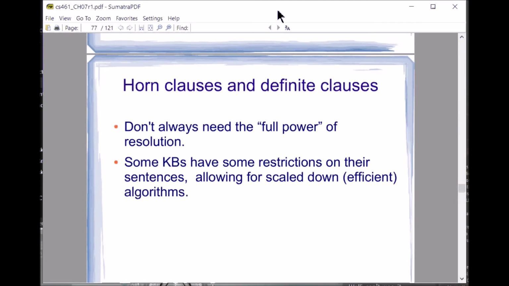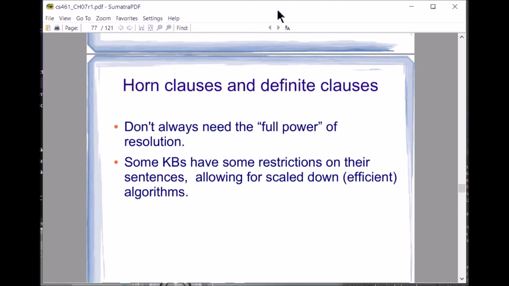Alright guys, so the next thing I need to talk to you about is horn clauses and definite clauses. This last little subsection will finish up section 7.6. As it turns out, with many of the situations that you deal with, you don't necessarily need to use everything that resolution can do for you. You don't need the full power of it.